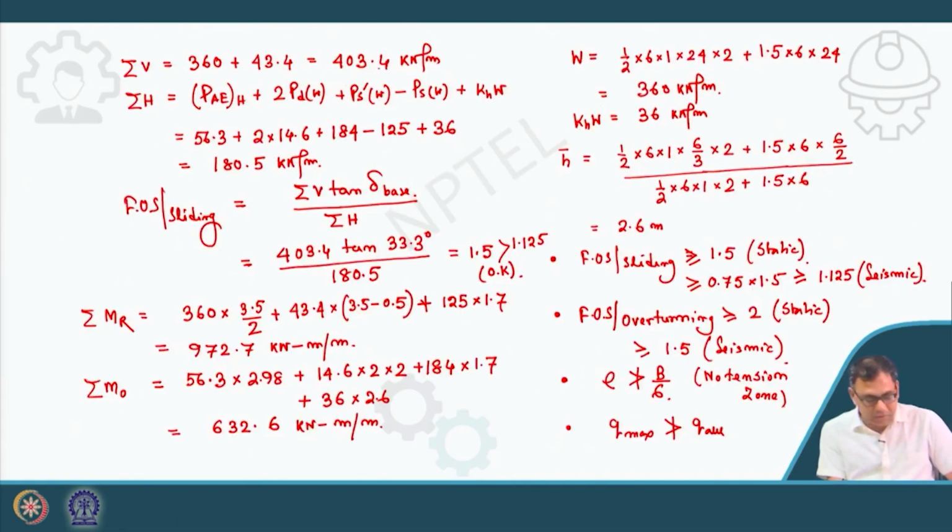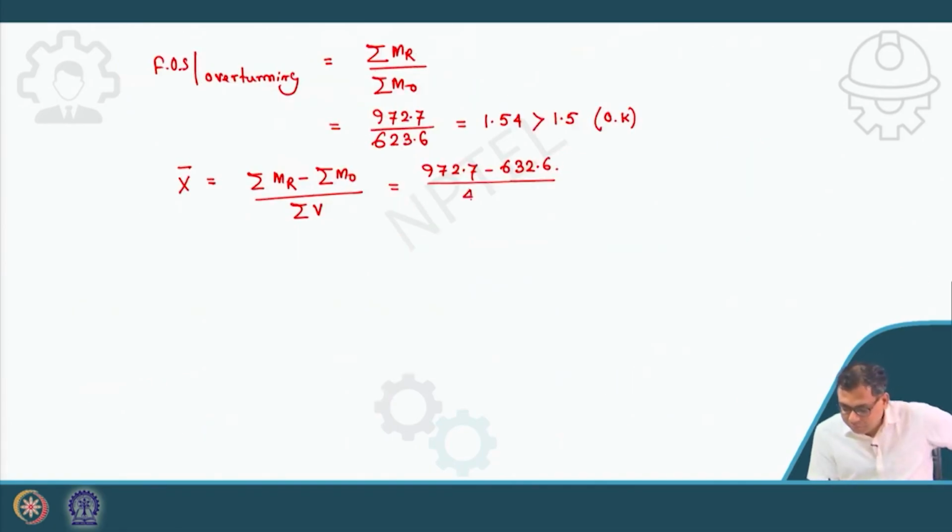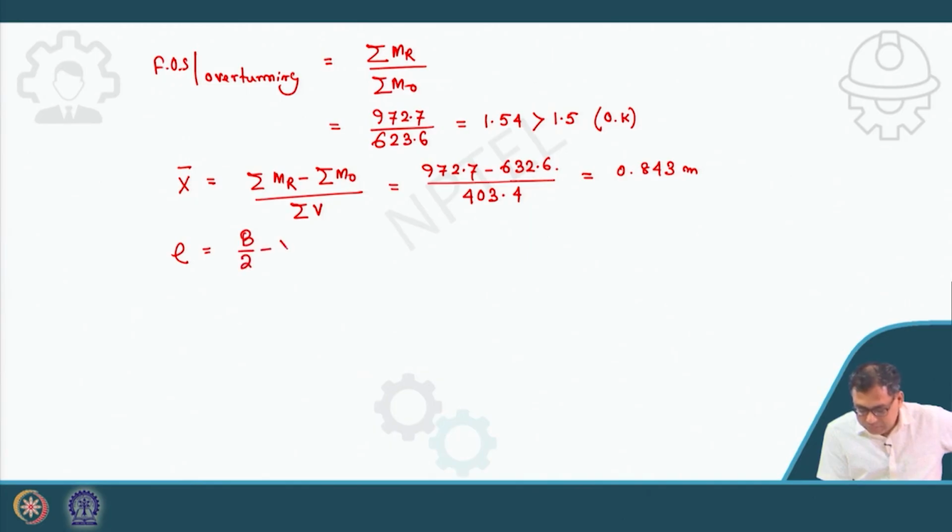Summation 403.4. So, this is 0.843 meter. So, your e is B by 2 minus x bar. B is 3.5, divided by 2, minus 0.843, which is equal to 0.907 meter.